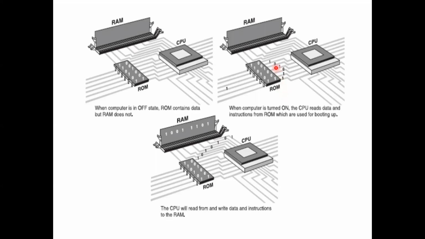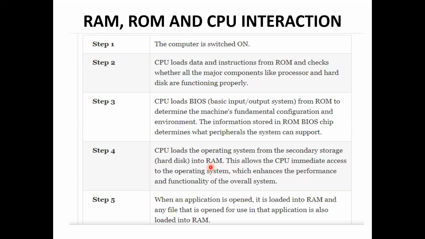The CPU needs data, so the instructions from the ROM are being used for booting up. Now the CPU will read from and write the data and instructions to the RAM. See, the CPU is taking the data from the ROM and now it is being written in the RAM. So this is the simple process of how RAM, ROM and CPU interact.